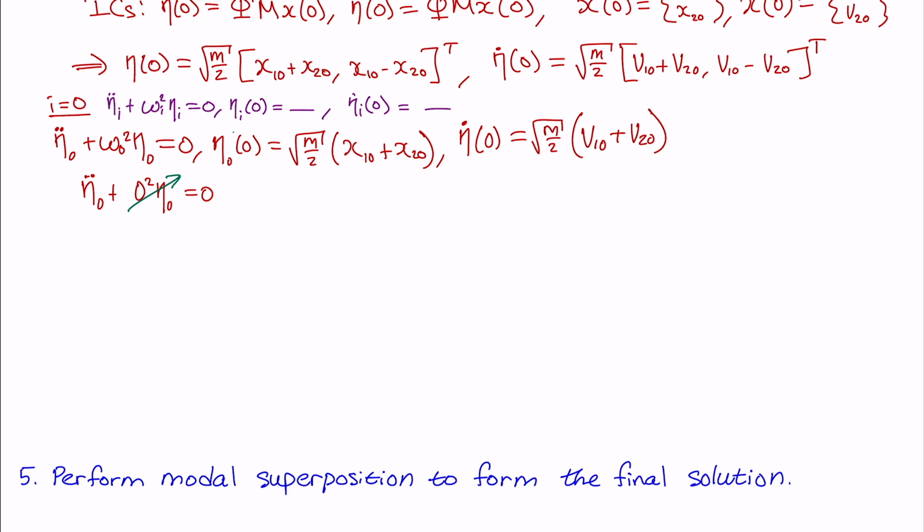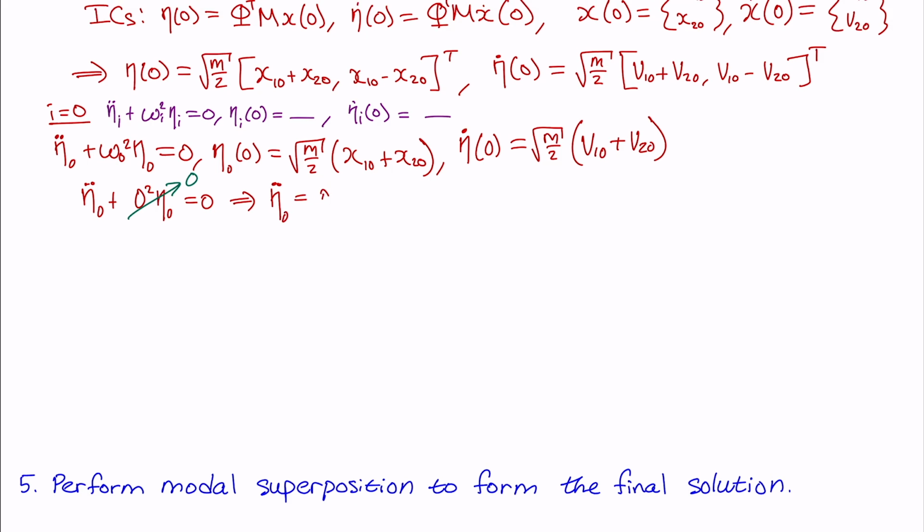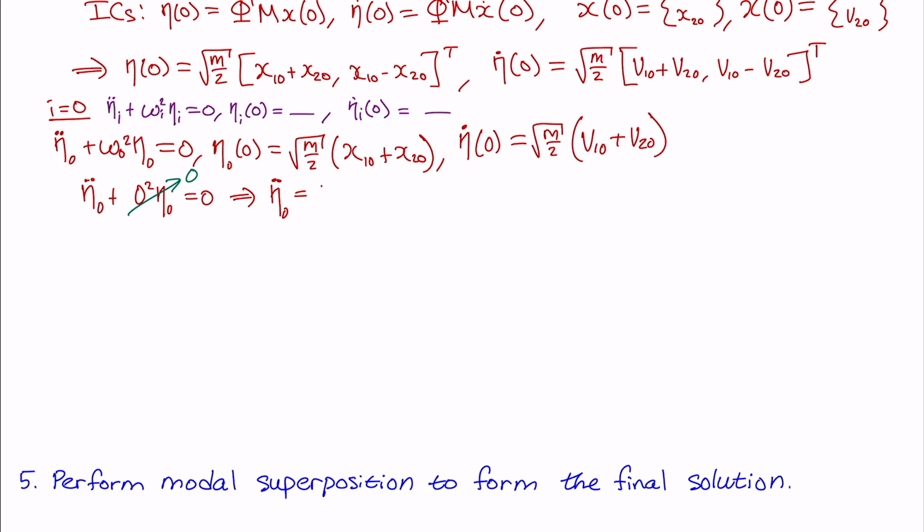We'll get rid of that term because it's 0. From here we get eta 0 double dot equal to 0.